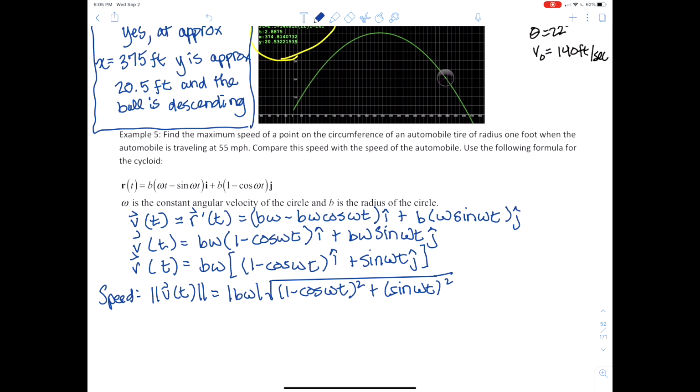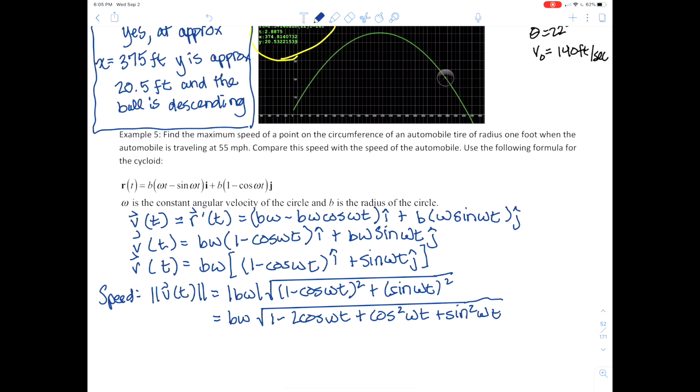So then we'll get, the angular velocity should be positive, and the radius is positive, so we can just call this b omega, and then we'll get the square root of 1 minus 2 times cosine omega t plus cosine squared omega t plus sine squared omega t.